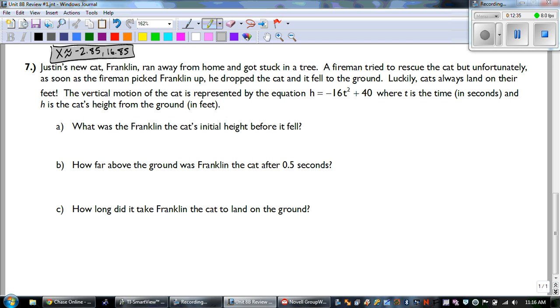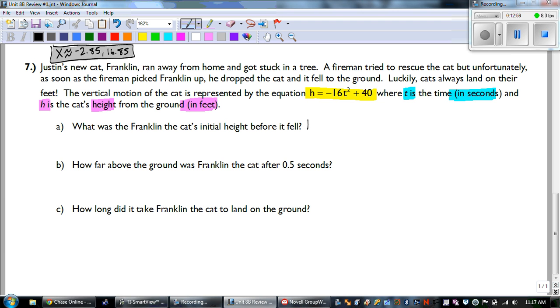The vertical motion of the cat is represented by the equation h equals negative 16t squared plus 40, where t is the time in seconds and h is the cat's height from the ground in feet.